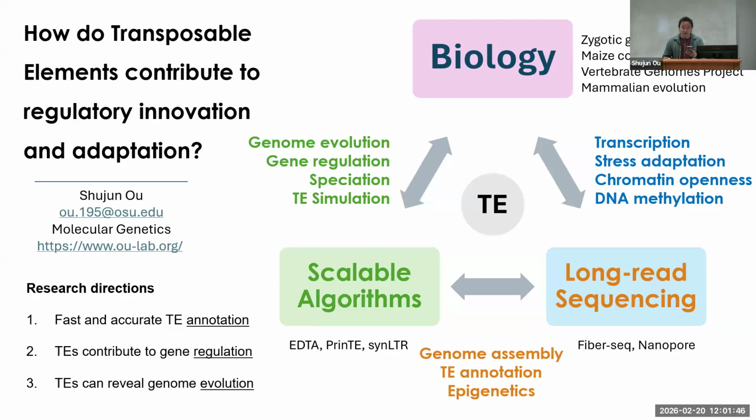His lab focuses on the evolutionary dynamics of transposable elements, or jumping genes. He investigates how these elements drive genome evolution and the critical role they play in helping plants adapt to environmental stress.